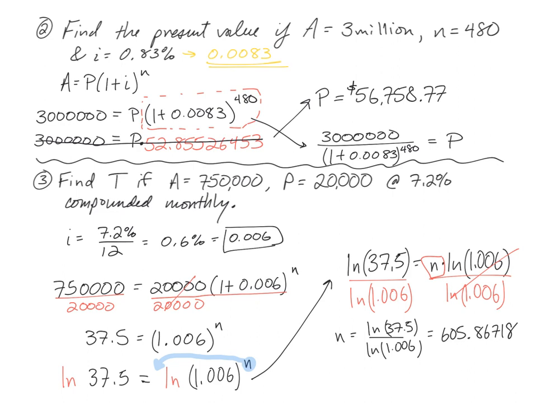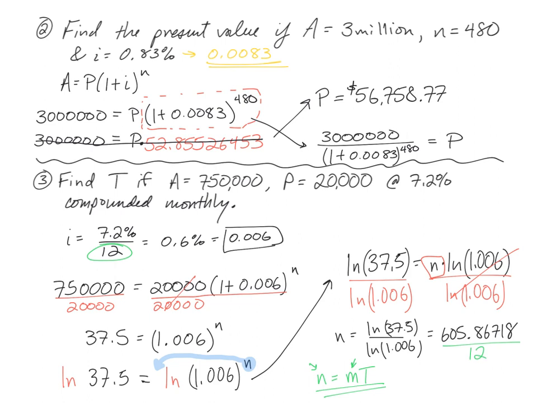Okay, so let's remember, n is the same thing as mt, where n is the number of compoundings per period. So we know n is 605 point decimal places, and m is 12. We used it way back here. So in this equation, if we're trying to solve for time, if we just take n and divide it by m, we will have isolated t.